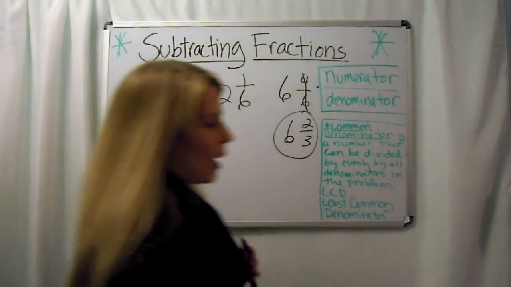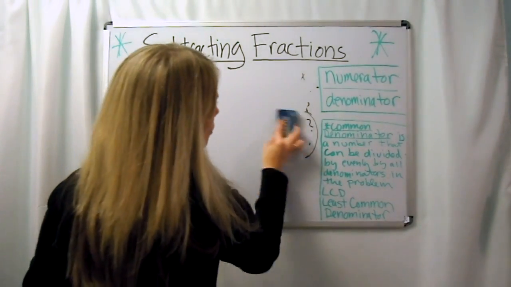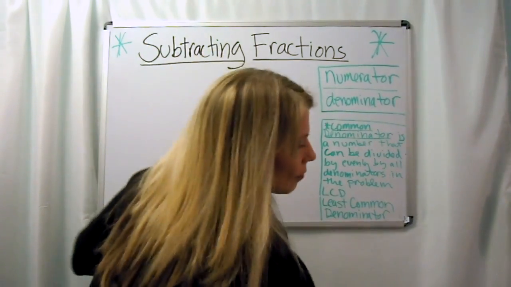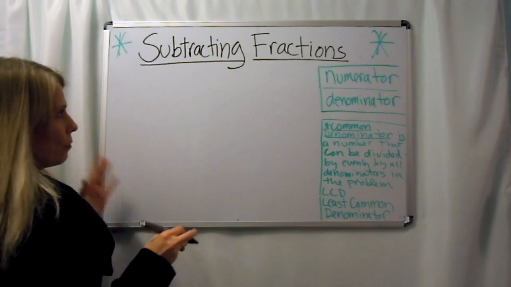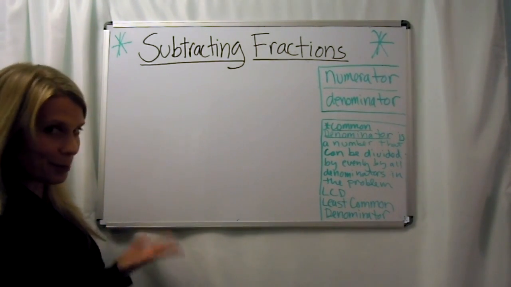So let's look at where things start to get a little bit tricky with the subtraction. This is where it ventures off a little bit from addition, but this is something that you have to keep in mind when subtracting fractions.